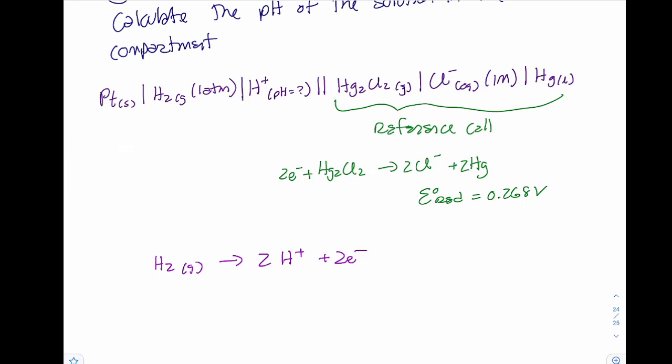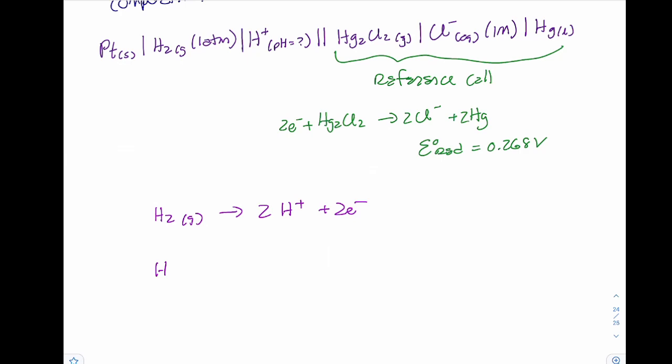So my electron counts are equal when I add those together. So my net equation is going to be hydrogen gas plus mercury 2 chloride going to 2 chloride plus 2 mercury plus 2 hydrogen ions.